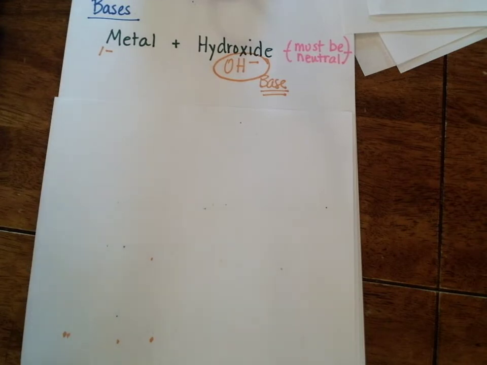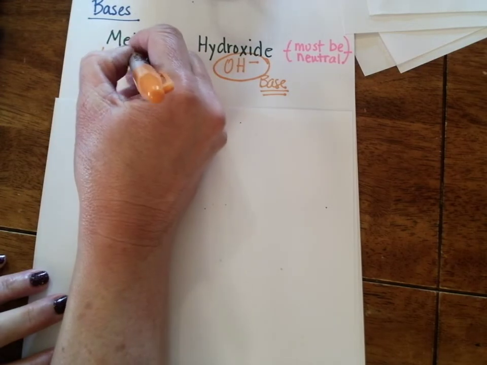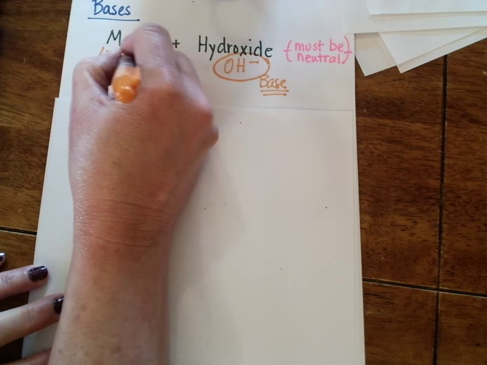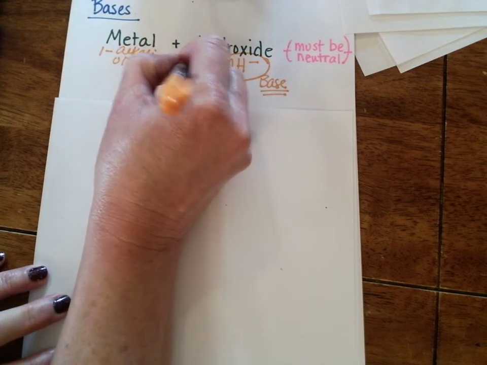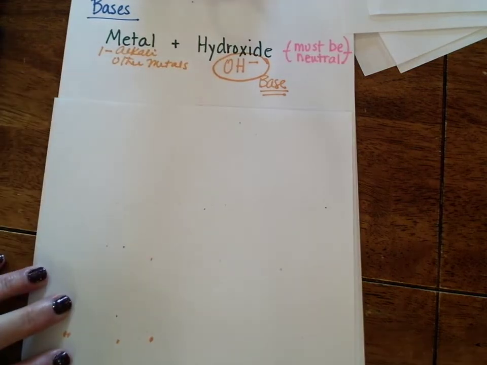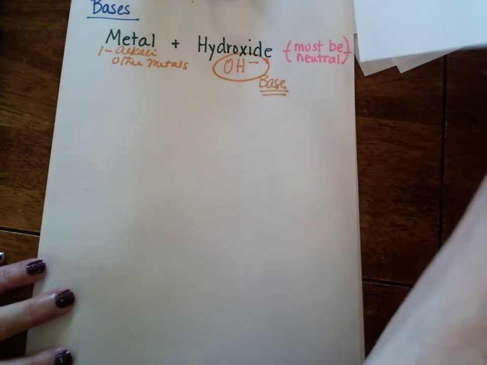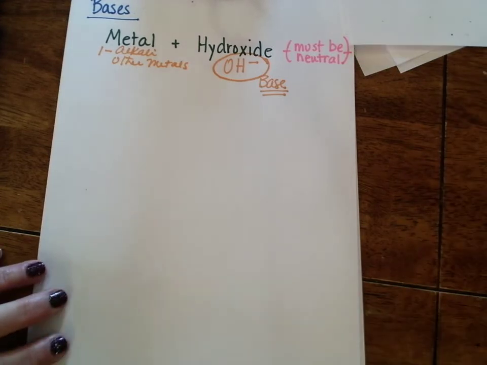So remember, those move all the way across the periodic table. We start with the alkali metals, clear through other metals. So it's a big chunk on your periodic table. You should have your colored periodic table home with you, so it's easy to figure out metals versus non-metals. I'll just talk about a couple of really simple ones quickly.